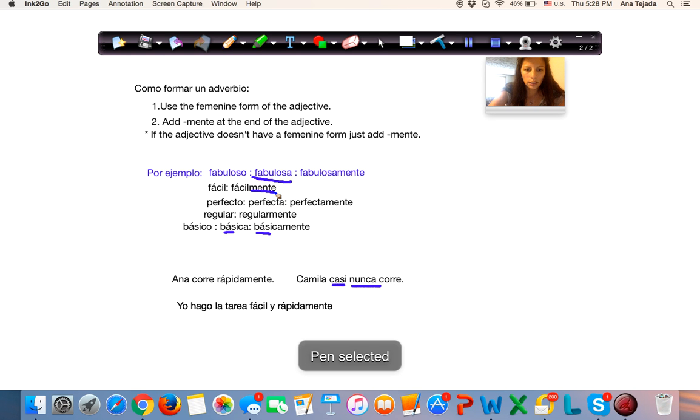So notice that even though I could have said fácilmente y rápidamente, I dropped the mente out of the first one and only left it for the last one. So that's what you're going to do when you have more than one adverb that has mente on it.